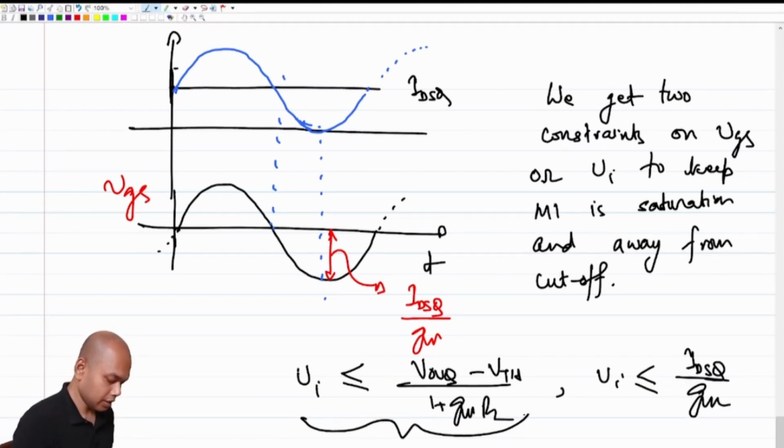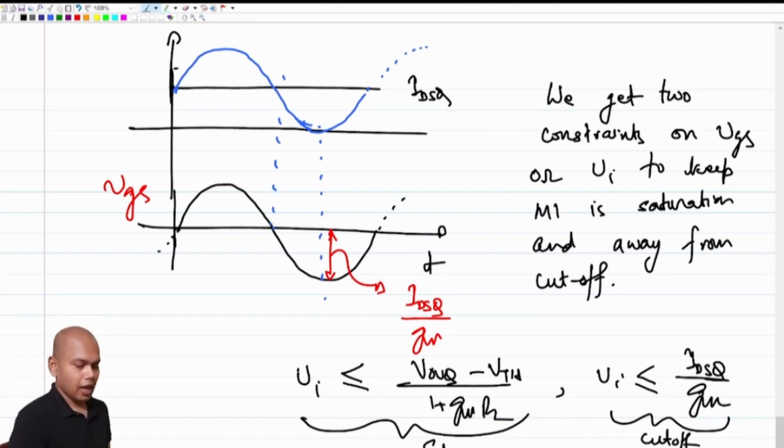So this is the saturation constraint, this is the cutoff constraint. The values that you get by analyzing these two constraints need not necessarily be the same.